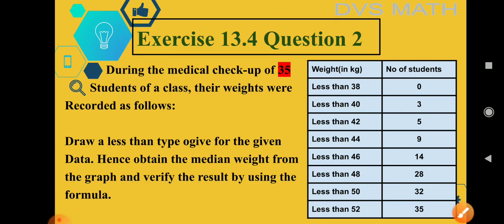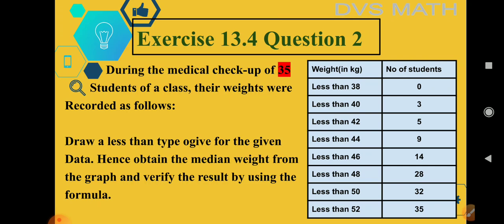And observe the frequency: 0, 3, 5, 9, 14, 28, 32, 35. Whenever you are observing the frequency, observe whether it is in increasing order or decreasing order.